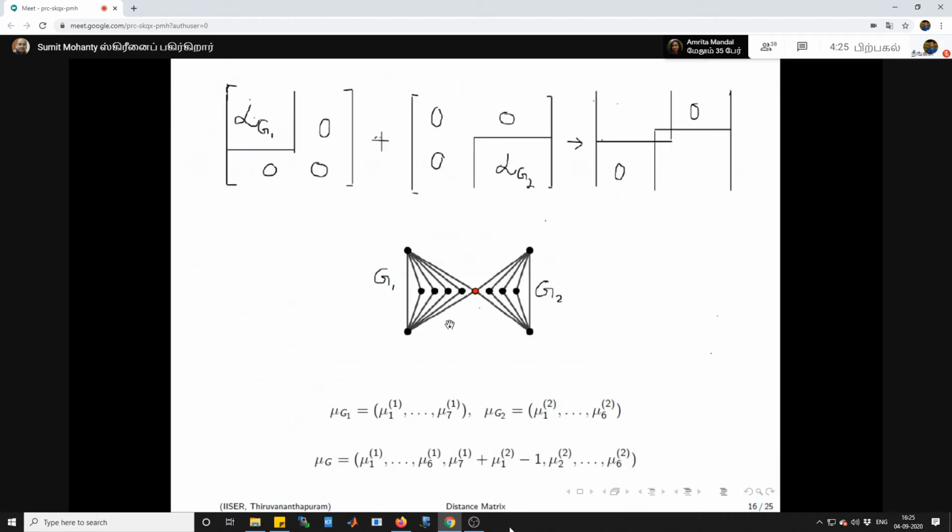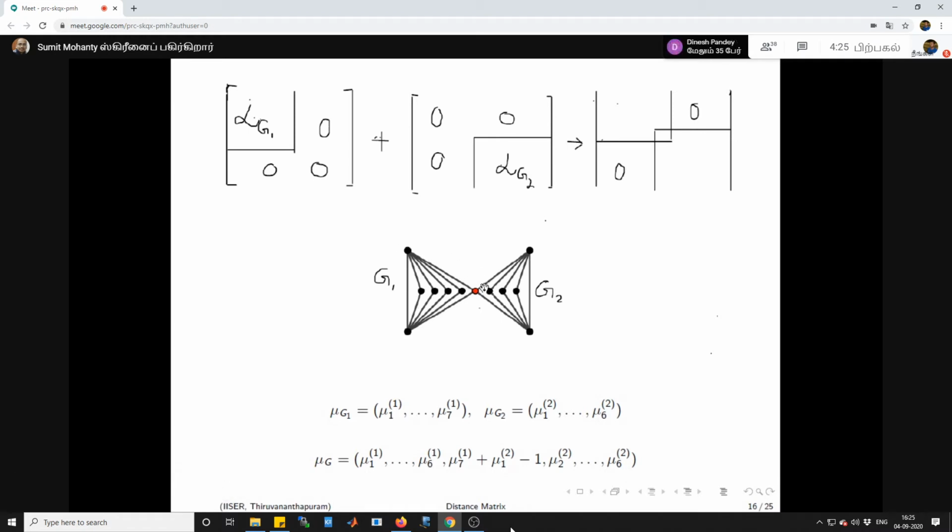Suppose we are considering this graph, consisting of two blocks with one cut vertex. Suppose this is G1 and this is G2. For G1 you are getting LG1. If you observe, this is a 7 vertex block, a complete tripartite graph. This is one partition, this is another partition, and this is another.